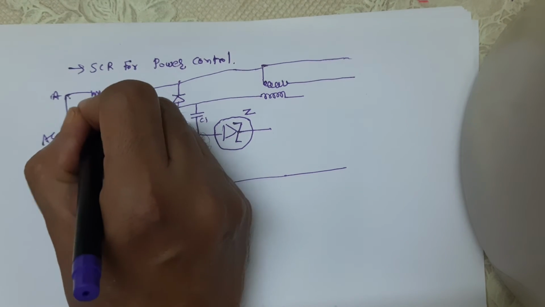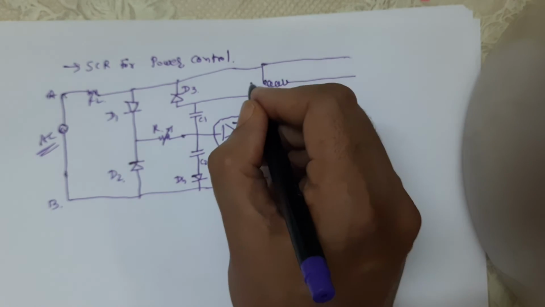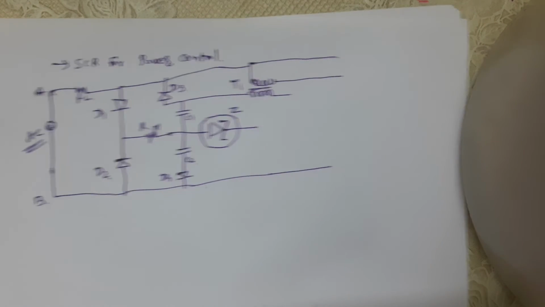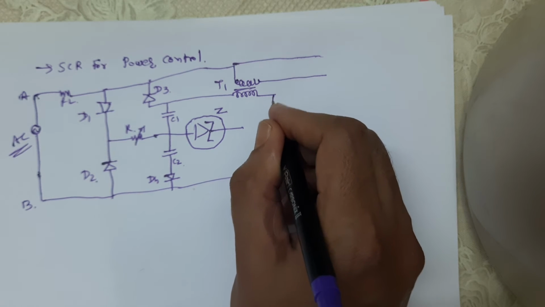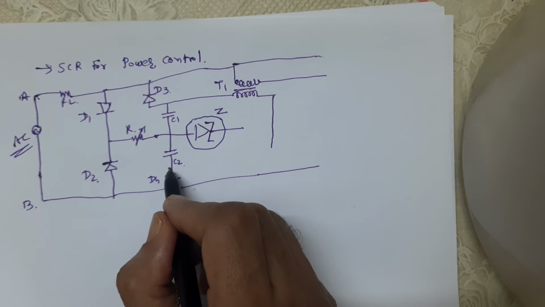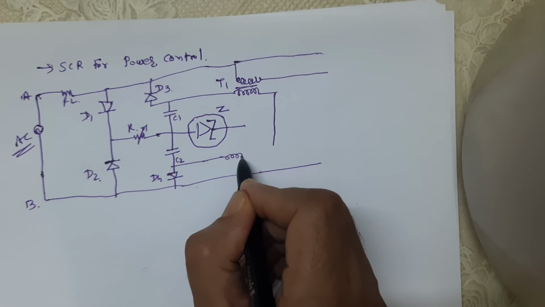This is your load resistance RL, this is your diode D3, this is your transformer T1, right?